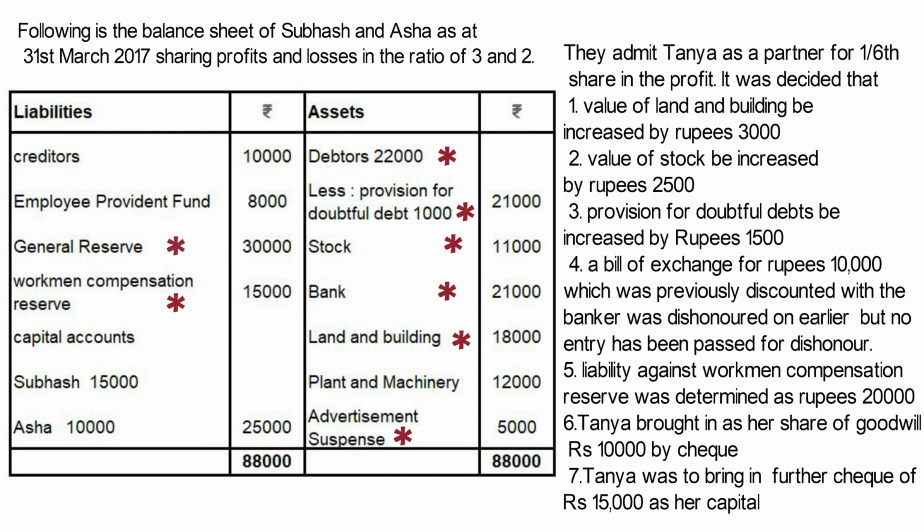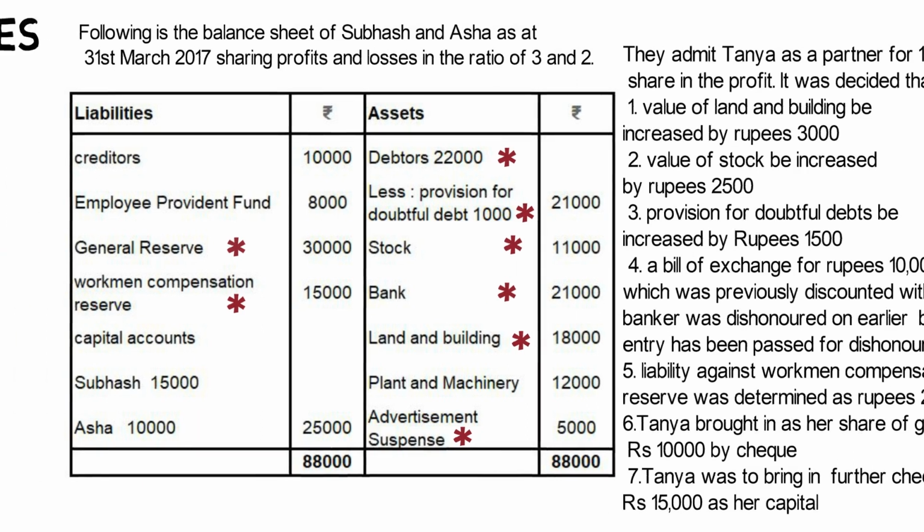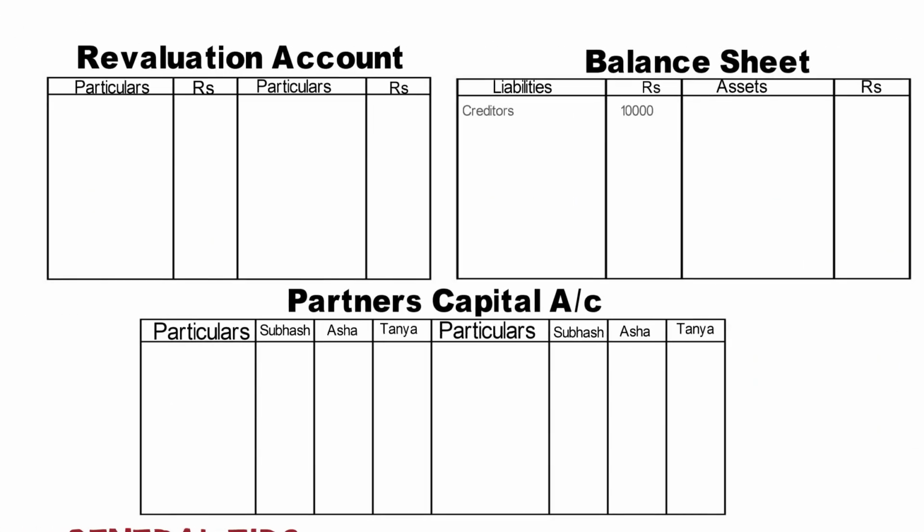Now let us read the question again and start solving it simultaneously. First, creditors of Rs 10,000. No adjustment for this is required. So note down the value of creditors in the new balance sheet as it is.